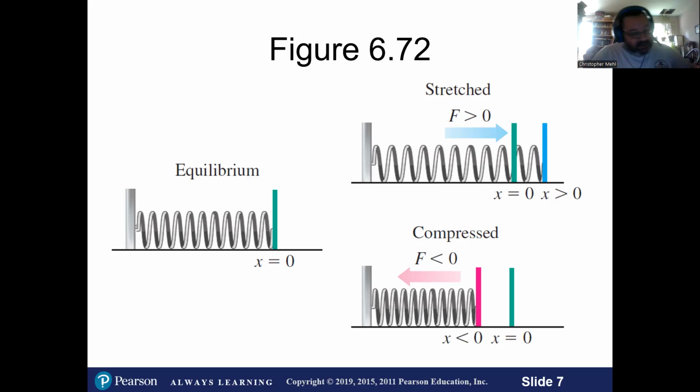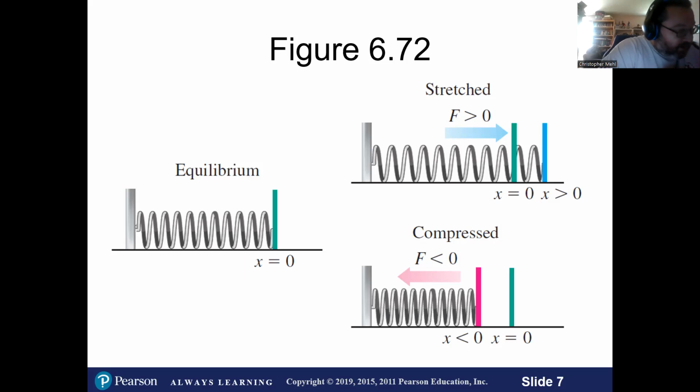K is a constant that depends on the spring. It's related to something called Hooke's modulus. We won't get into that; you'll talk about that in your first physics class. But it's a constant related to the spring.